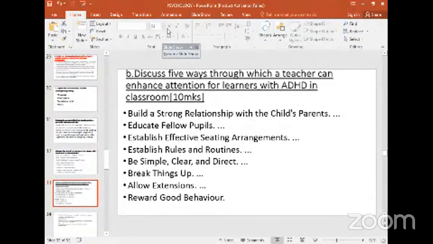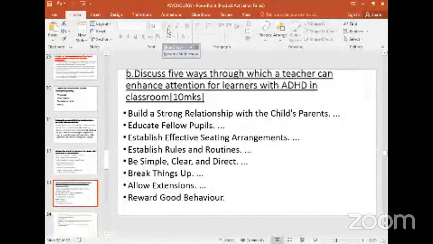You can also allow extensions when doing activities that the ADHD learners love. You can allow the learning session to extend. If, for example, they love playing football and the learners are outside, you can give an allowance of maybe 10 minutes to extend it so that they can fully satisfy their thirst for the activities that they love.